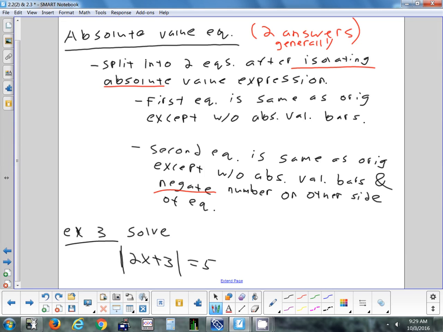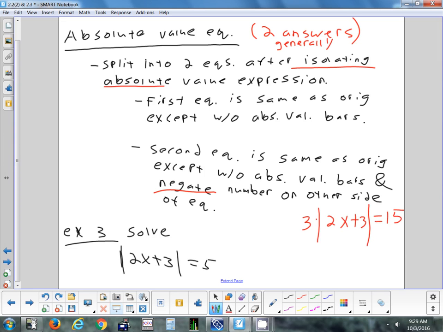So we'll take a look at that and see if we can solve it. First thing says we have to make sure the absolute value is by itself. That's already true here. Here's an example where it's not by itself. Does anybody know what the first step would be to get this 3 on the other side?